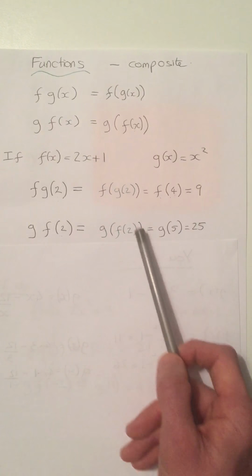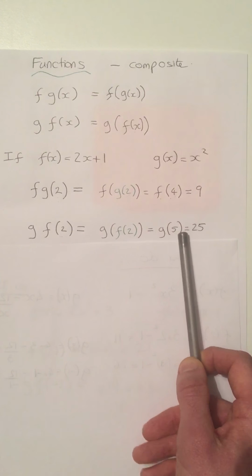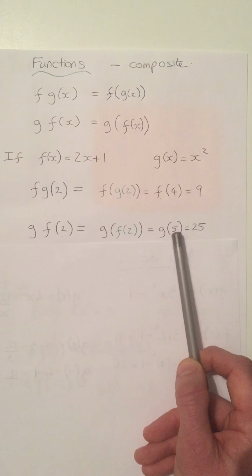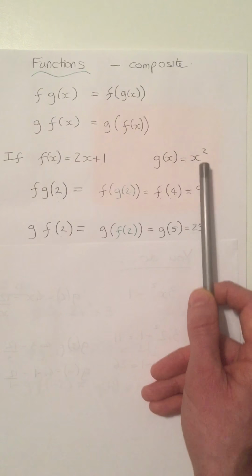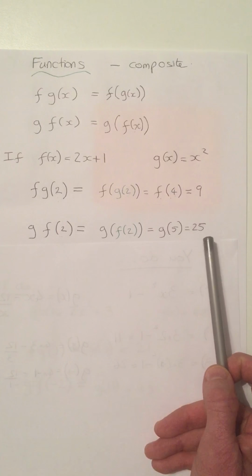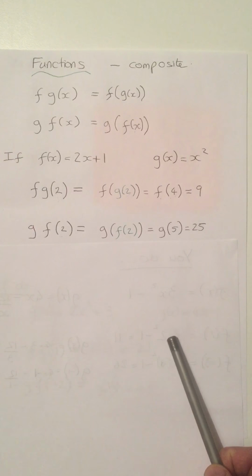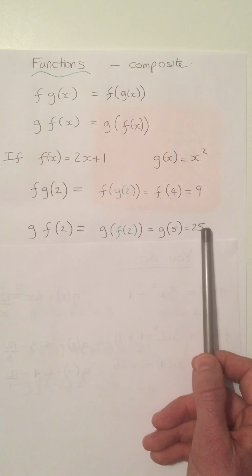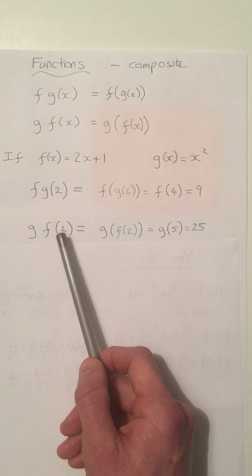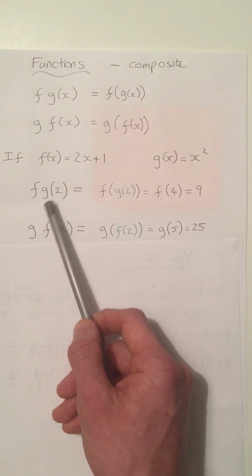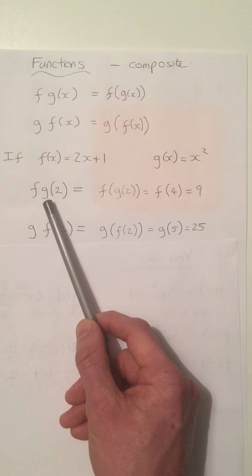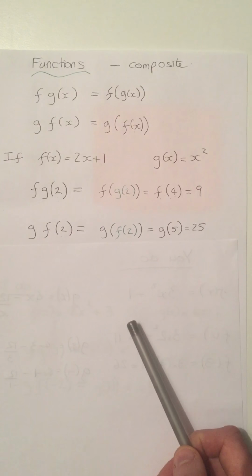So f of 2 is 5. I am now going to substitute that into the g function. So when I put 5 into the g function, 5 squared is 25. Notice that these give different answers. This is not the same thing as this. They mean different things, so the order in which these are written is very important.